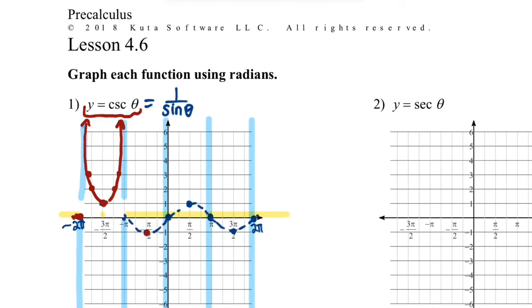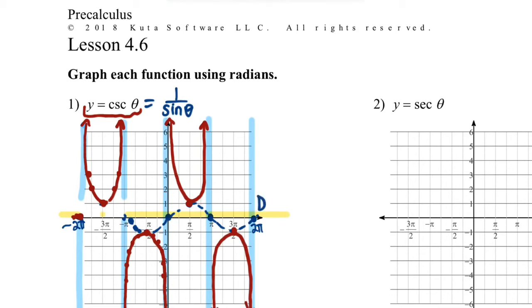And all the reciprocals of these blue dots are going to form these red dots. And the same is true on the right. And that's why you end up with this U-shaped curve again. So at all the maximums, you've got these U-shaped curves opening up, and at all the minimums, you have the U-shaped curve opening down.